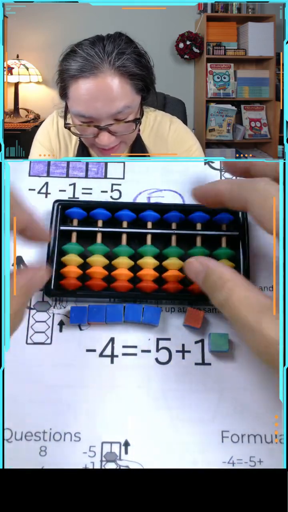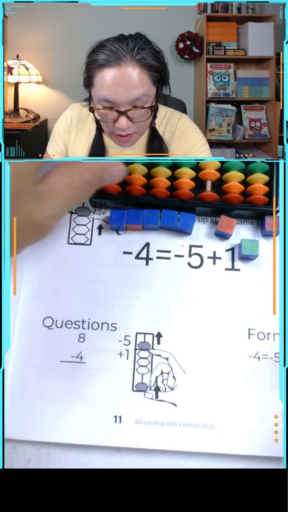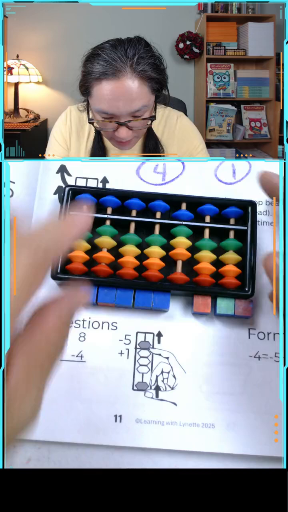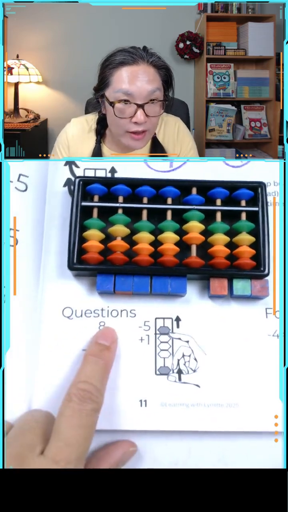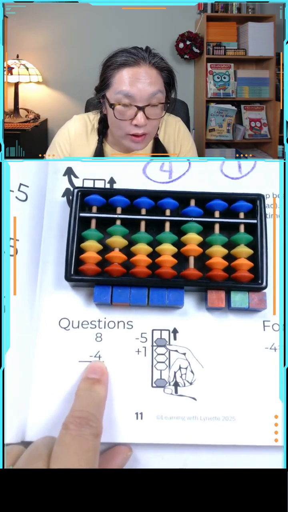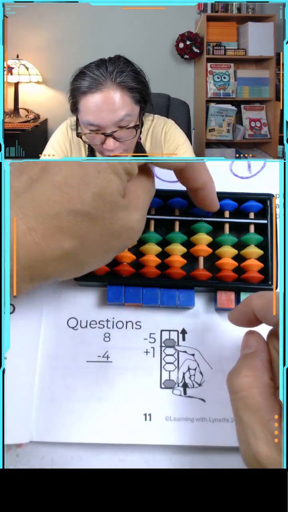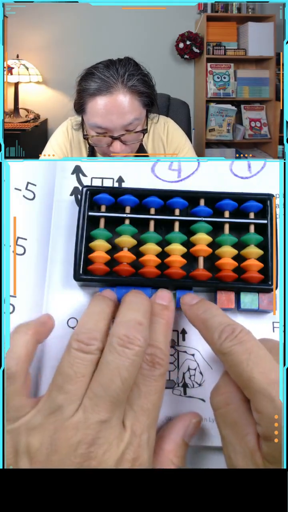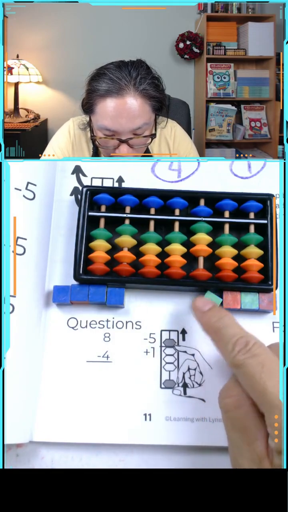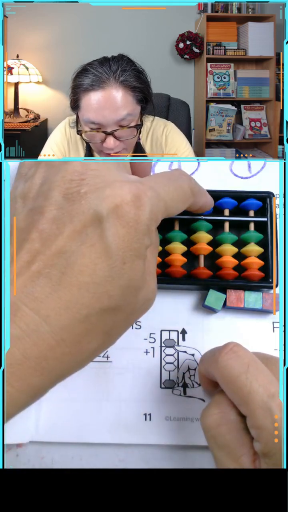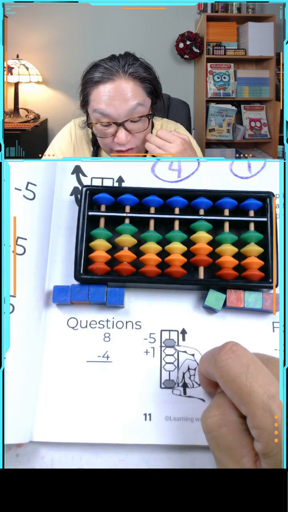So the question is 8, take away 4. Because I know how to make a 5, I now know how to break a 5. So 8 minus 4. My 4 is inside my 5. I got to break my 5, and I got to add 1 to the collective. So my final answer is 4.